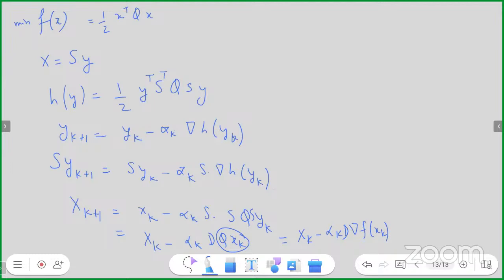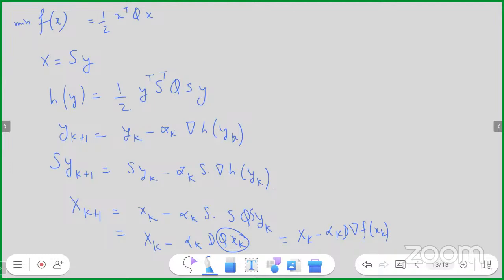So in the Y domain, what will the convergence rate be controlled by? Lambda max and lambda min of what matrix? Just look at H of Y. Yeah, S transpose Q S. That's the matrix you have.